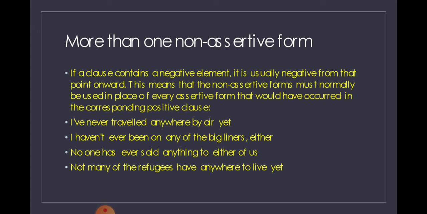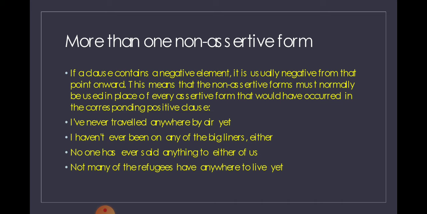This means that non-assertive forms must normally be used in place of every assertive form that would have occurred in the corresponding positive clause. So for example, if we have some, we should substitute it by any or another non-assertive word.